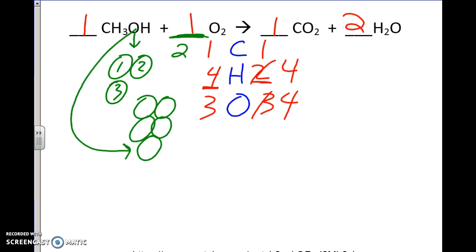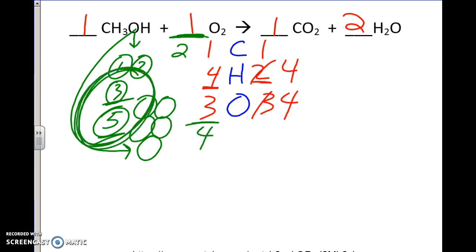Now I have 5 oxygens. So right here I have 3, here I have 5, but I need this number to be a 4. If there was only a number between 3 and 5, what number could be between 3 and 5? And that would be 4.